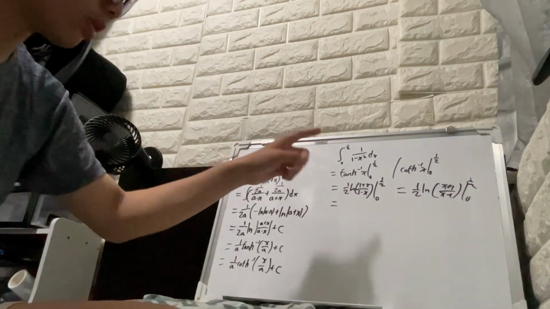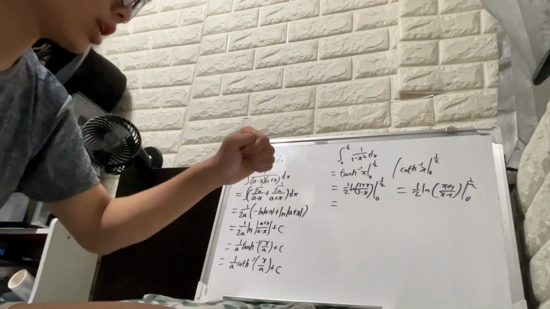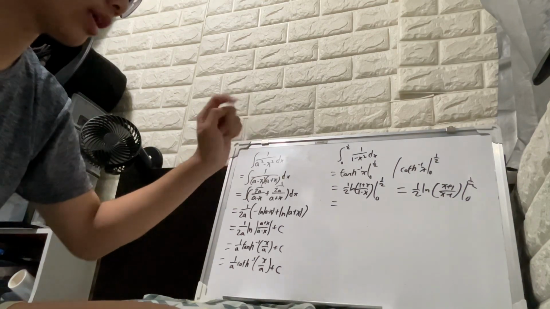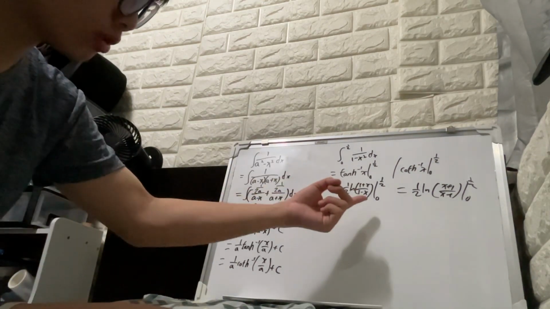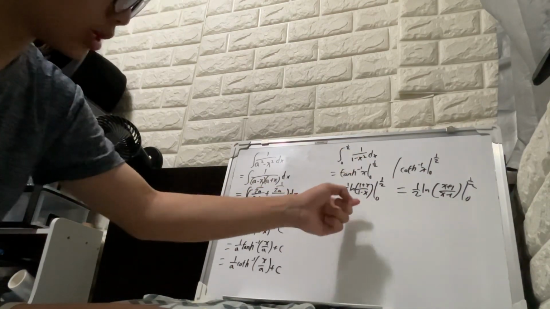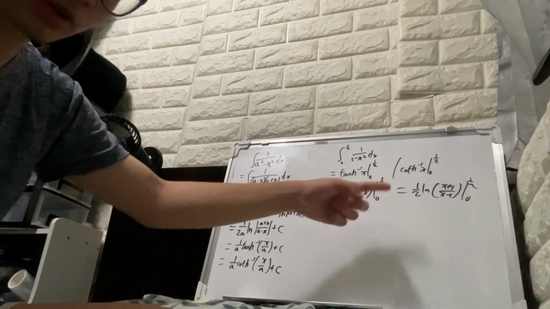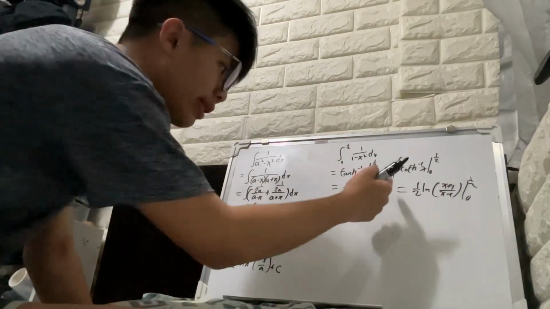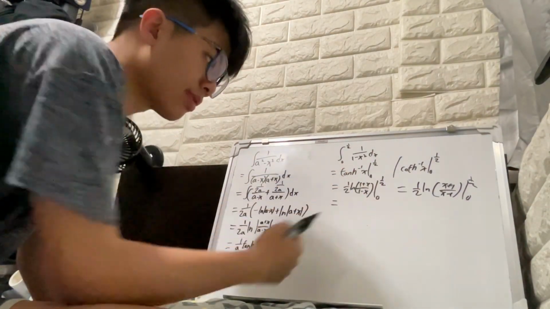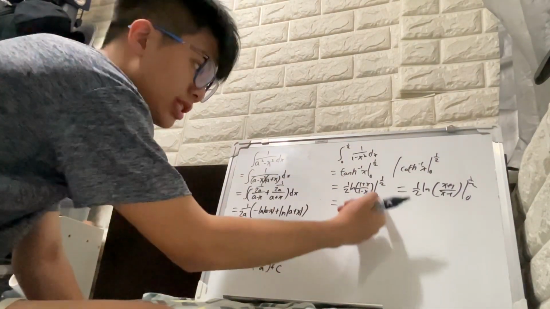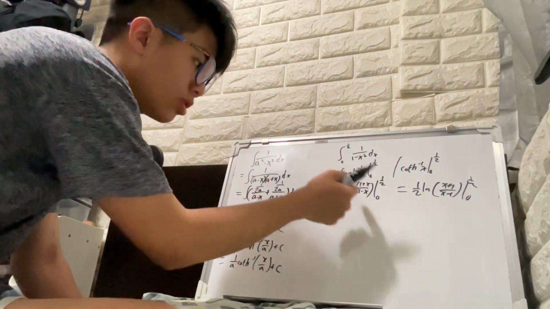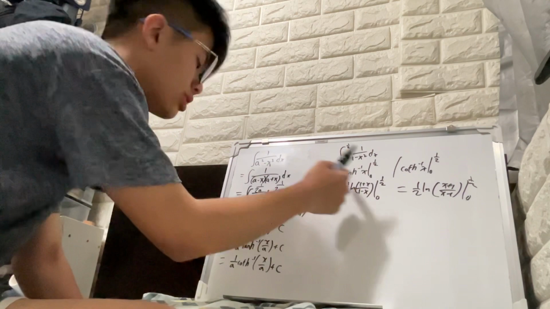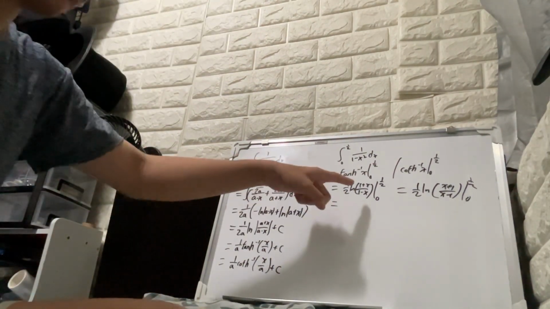We know that if you want to use the inverse tangent, x should be between -1 and 1, and -1 and 1 are not included. So this is between -1 and 1, right? 0 to 1/2. If you put 1/2, you just get a positive number. If you put 0, this is just 1 over 1, and the entire thing you just get ln 1 and then 0. So this will give you a positive number.